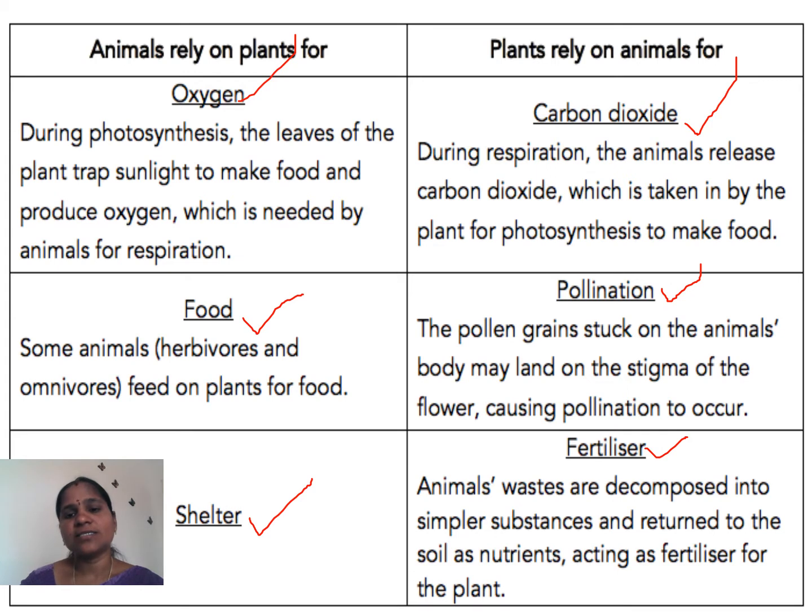Let us see plants. What is meant by pollination? Plants cannot move from one place to another. They depend on roots. If you pluck out the roots, the plant will not stay alive; it will die. So plants cannot move from one place to another. So how do plants increase their number?